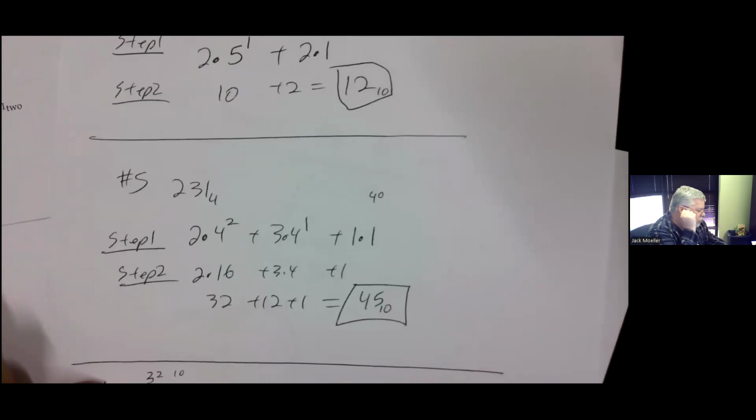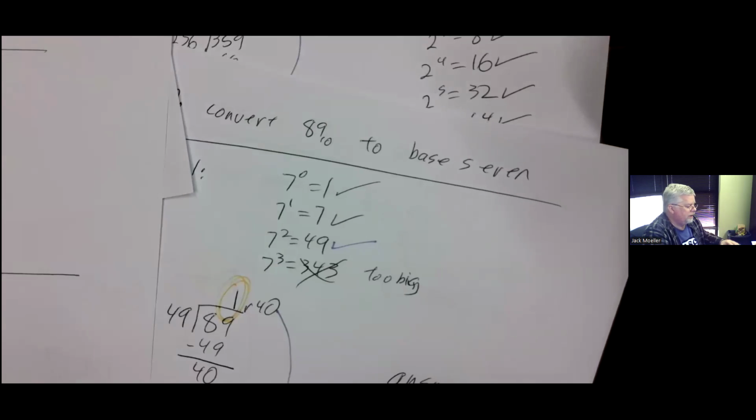So going to base 10 is a little bit more straightforward. If you're going to start at base 10 to a different base, then you have to do a series of divisions based on those powers. The only way to get this down is practice.